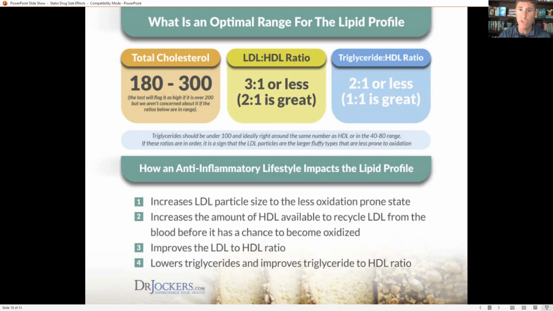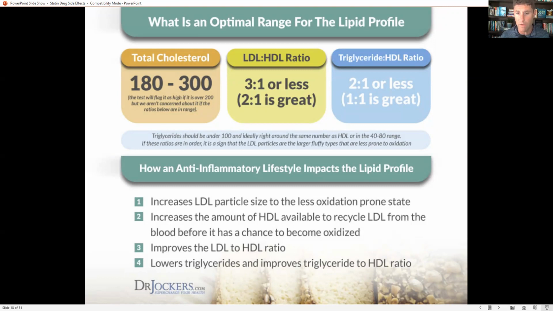So their LDL to HDL ratio will be more than 3-to-1. Their total cholesterol is often over 300. But their triglyceride HDL ratio is good, right? It's optimal. And what we found is that these people really don't have any signs of inflammation in their body. They're not at risk of cardiovascular disease. Everything is actually fine, even though they have this ratio, because they don't have other factors.